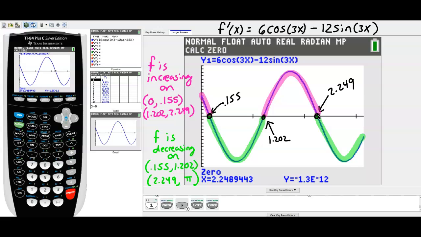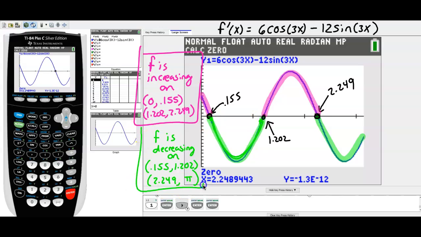Now that you know that, all the pink areas are the places where the derivative is above the x-axis, which means the derivative is greater than 0, which means that f is increasing on those intervals, which are from 0 to 0.155 and from 1.202 to 2.49. And then the green areas are all the places where the graph is below the x-axis, so that's between 0.155 and 1.202.